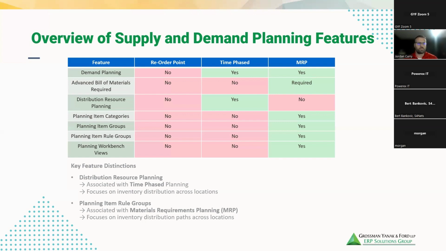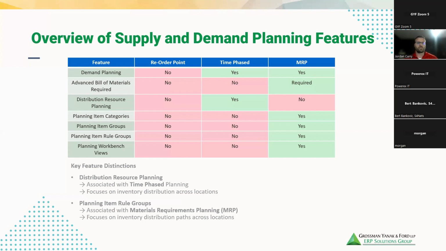Distribution resource planning does not work with MRP. That's an important feature to know for people that have multiple inventory locations. If you're going to be doing time phased, you're going to want to use distribution resource planning. If you're going to be using MRP, that's where the planning item rule groups comes in.